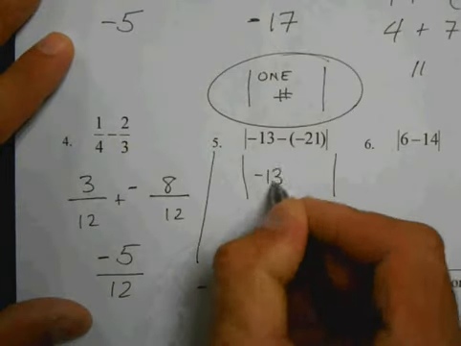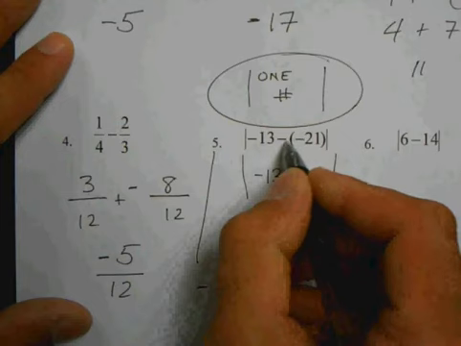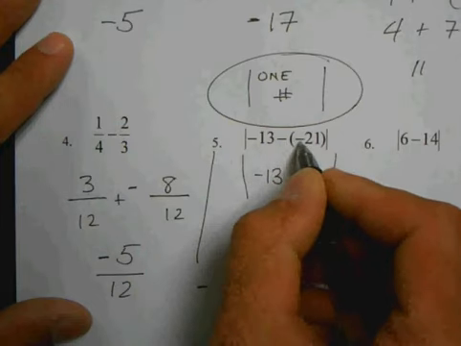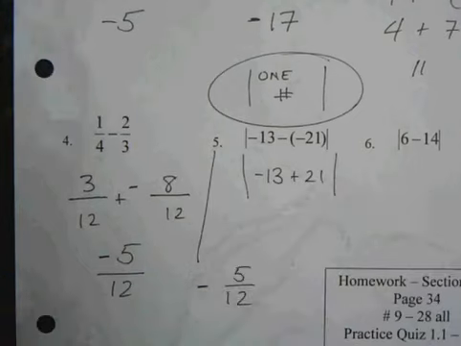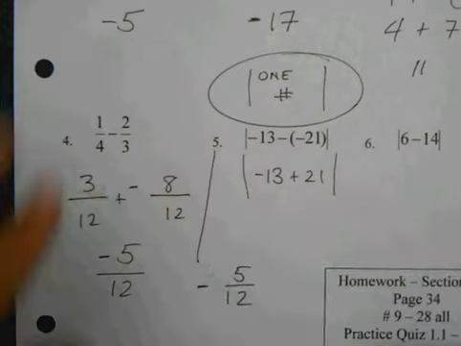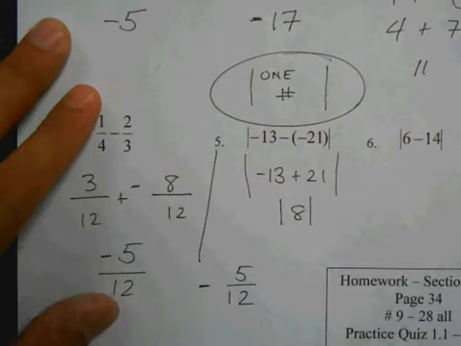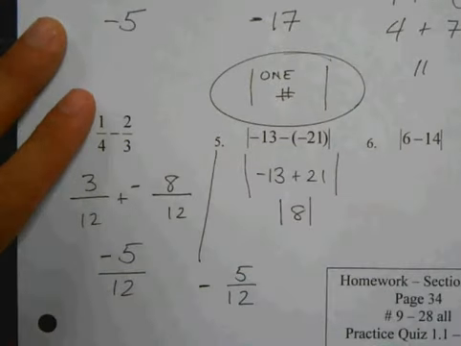Negative 13, see these two minuses right next to each other? They become a positive. Now we have two different signs. We have 21 and we have 13, so we subtract. In your head, can you do 13 taken away from 21? 8. Is it positive or negative? Positive. It's positive, so I take how far is 8 away from 0?